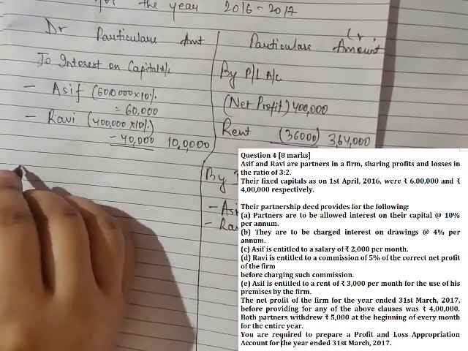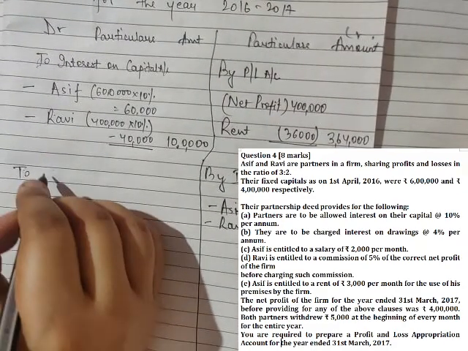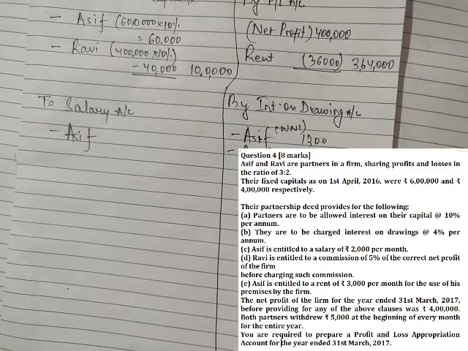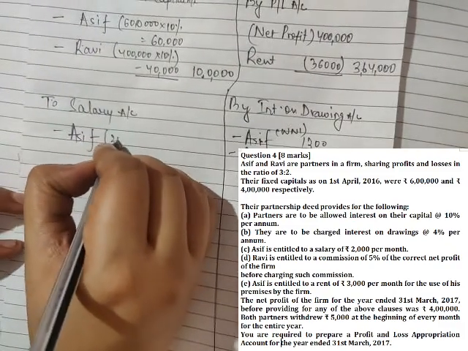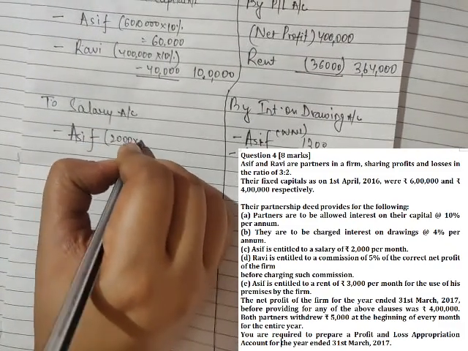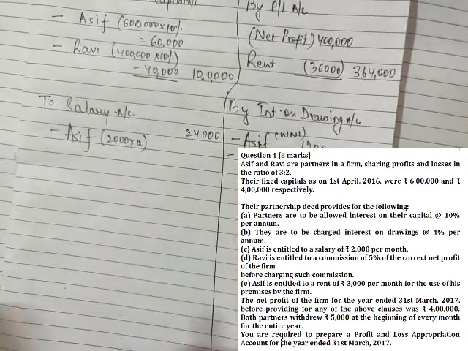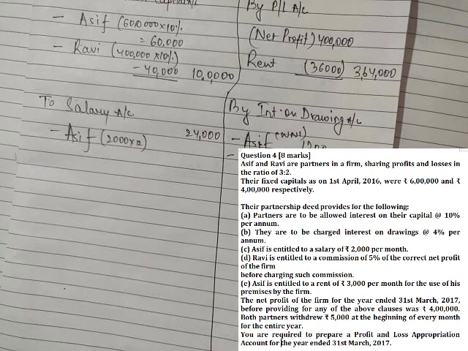So to partners' salary account, Asif, 2,000 per month into 12, giving us 24,000 rupees as Asif's salary.